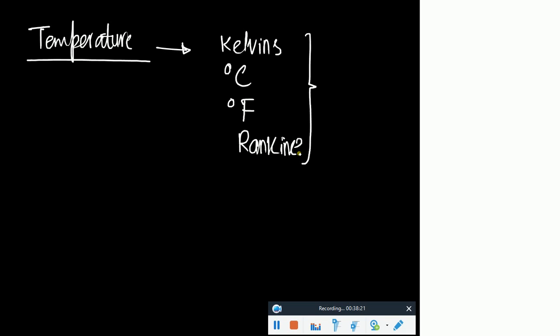Are all these SI units? No, all these are not SI units. Kelvin is the SI unit. They all belong to different unit systems. I would define all those quantities after a short while.